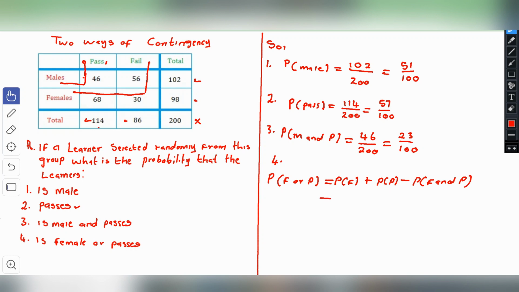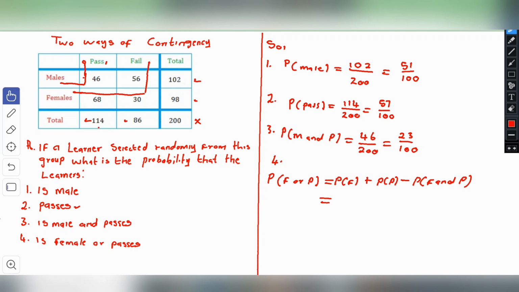So this is the formula that we are going to use to solve the probability of female or passes. So in simpler terms, whenever you are asked to determine the probability of two events but there is or, not and, you must use the addition rule formula, which is this one, right?